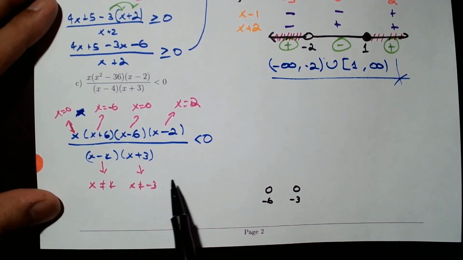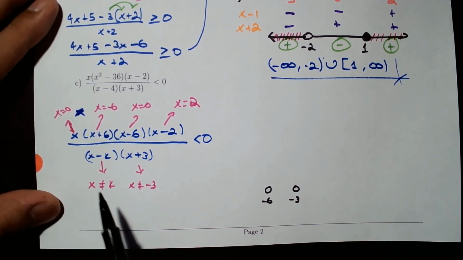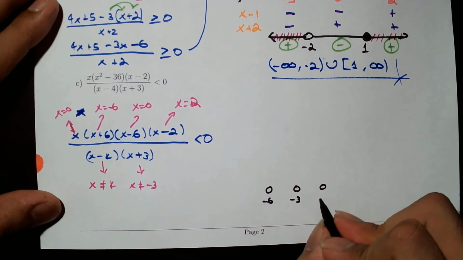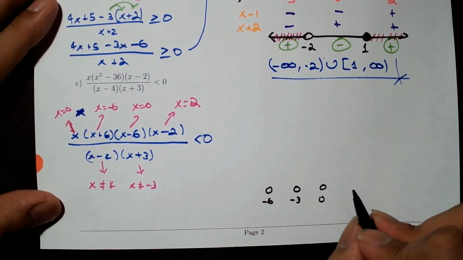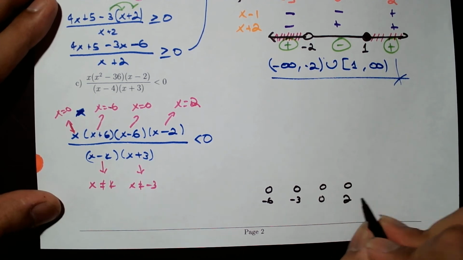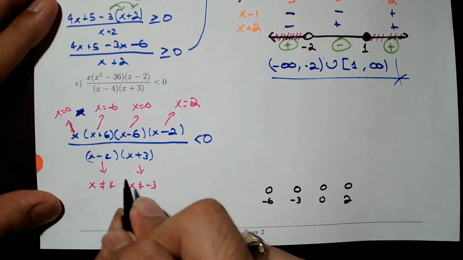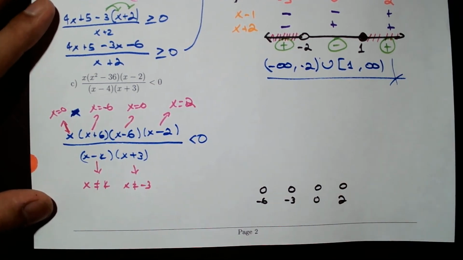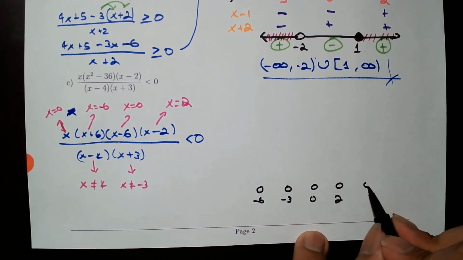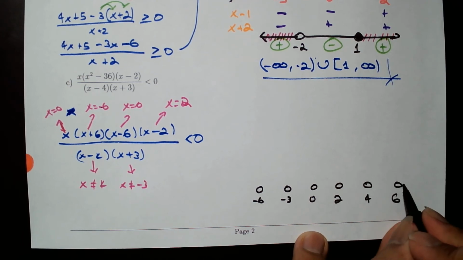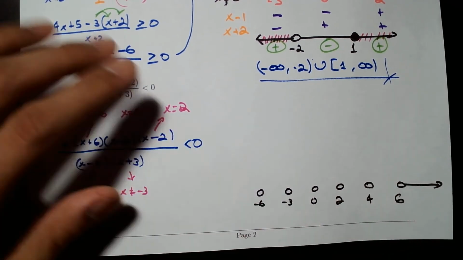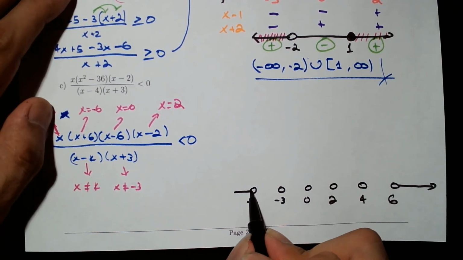Negative 6, negative 3, then comes 0, and then positive 2, and then positive 4 and positive 6. All right, so this is how it's going to look this time. It's going to be a little bit big.